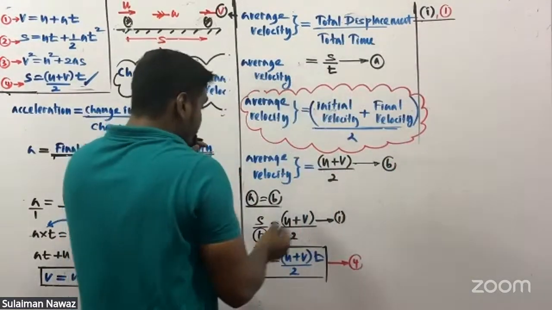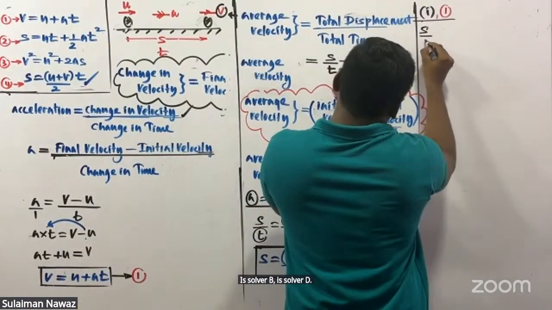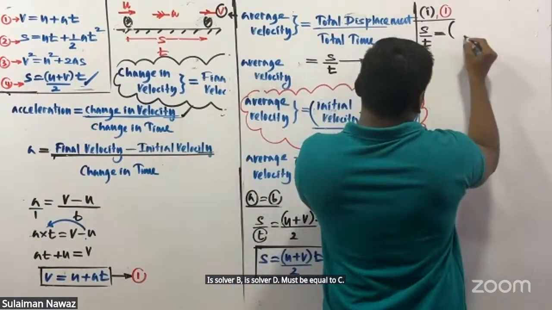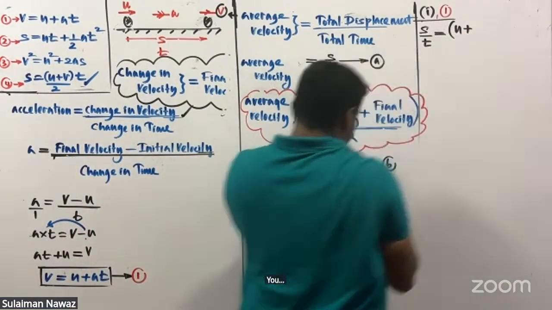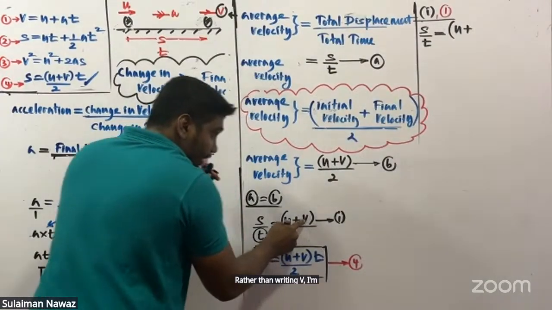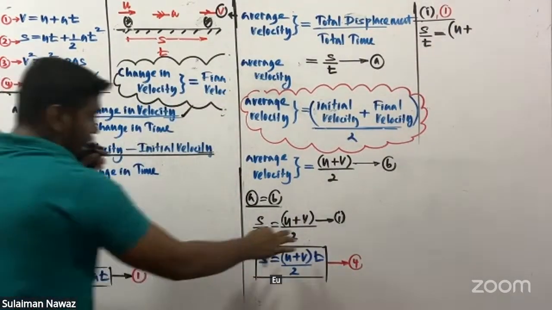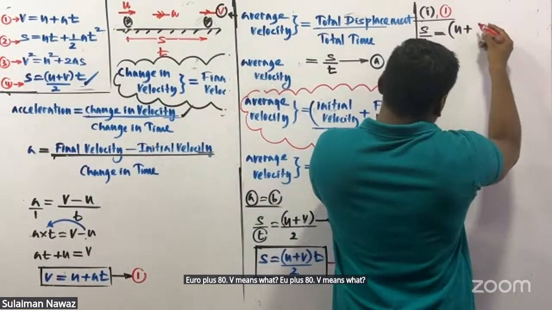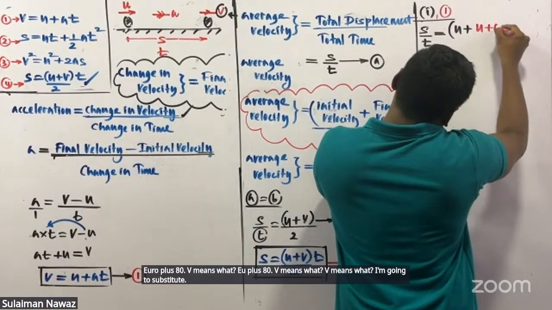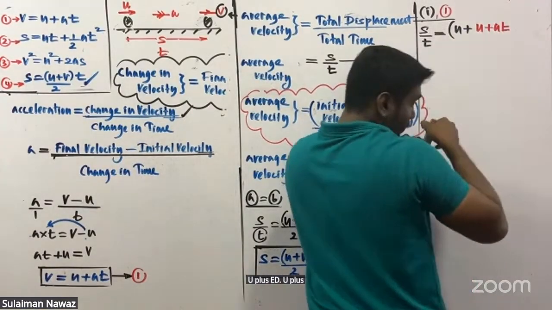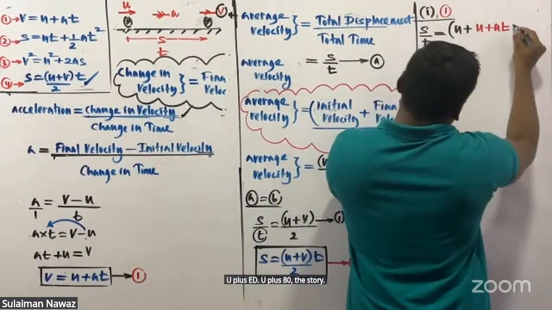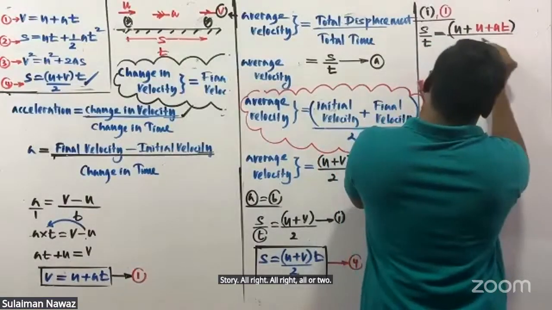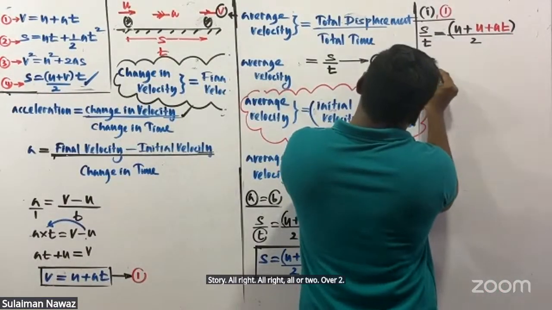S over T must be equal to U plus, rather than writing V, I'm going to substitute here. V means what? U plus AT. I'm going to substitute U plus AT, over 2.